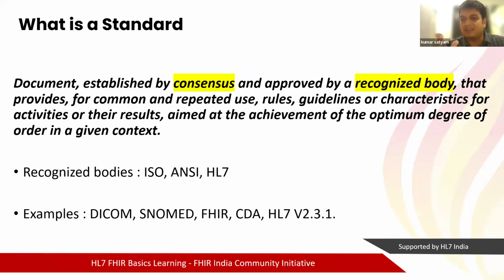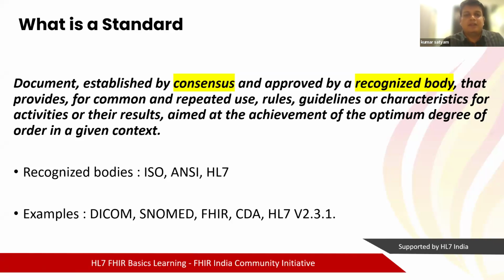So remember, standards are rules, guidelines, specifications for a specific purpose in a given context, which are developed by a recognized body, and which are agreed by the wide industry.